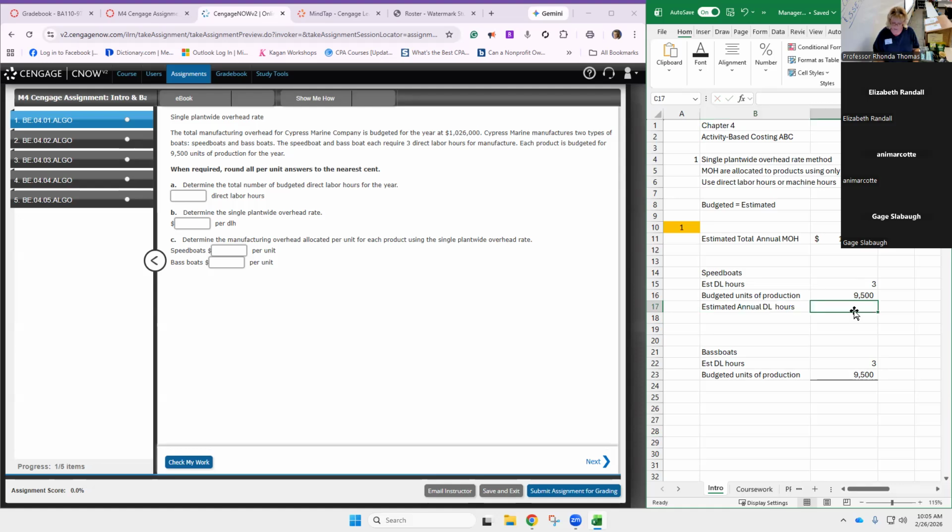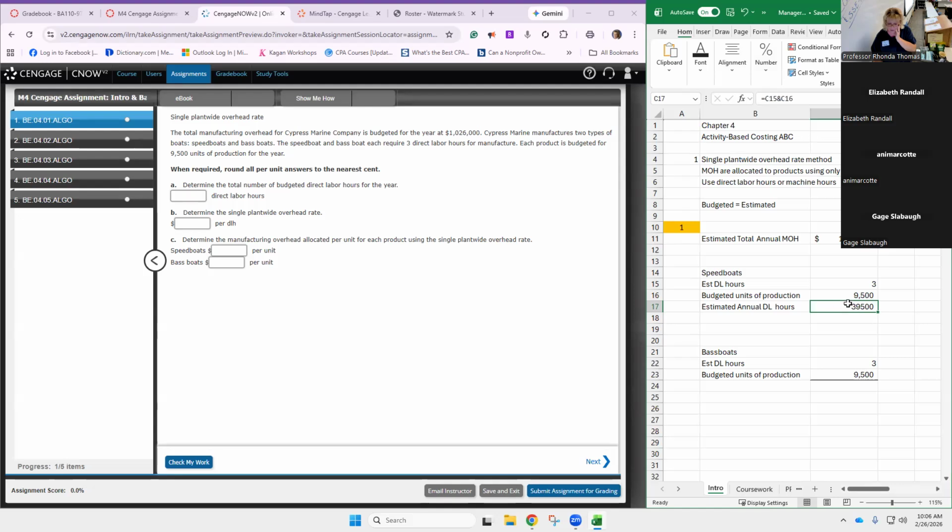I like to do the calculation and show it just in case people don't quite know what I'm doing. But I'm going to take 3 times 9,500, and we get 39,500. That's the total direct labor hours for speed boats. All right, so there's the information on the speed boats so far.